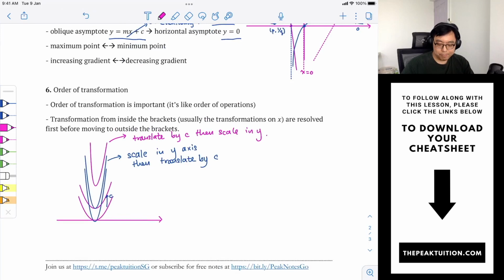So we see that they give us different answers, and that's why it's important.